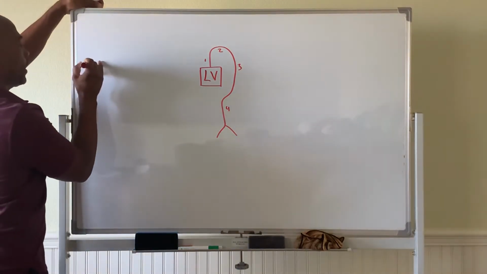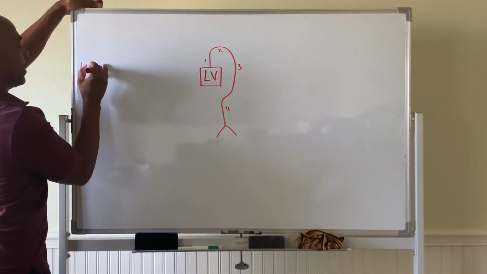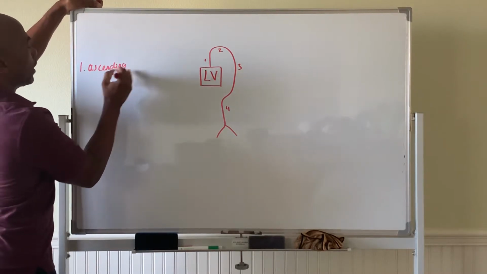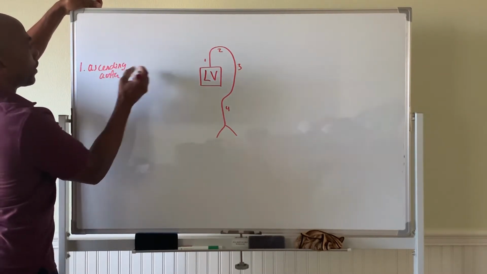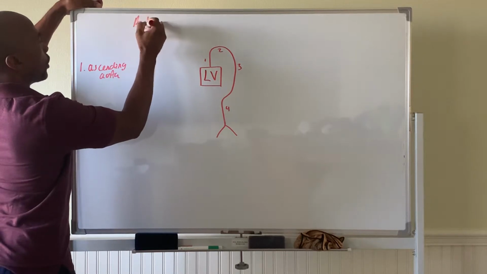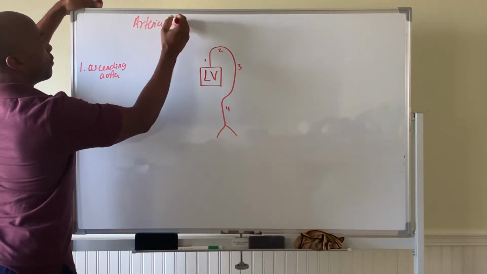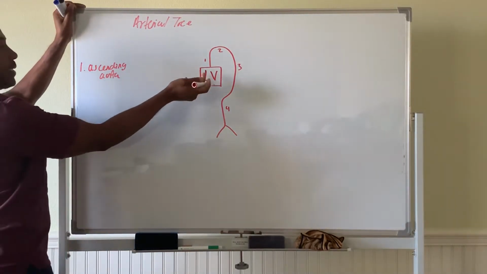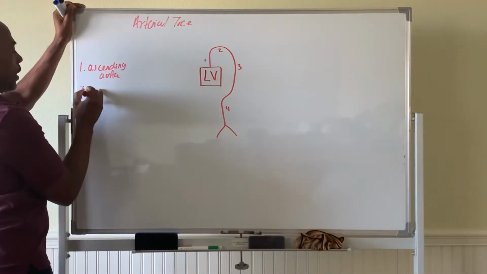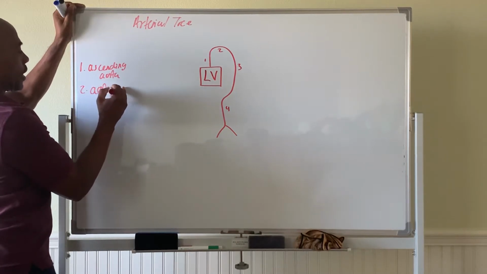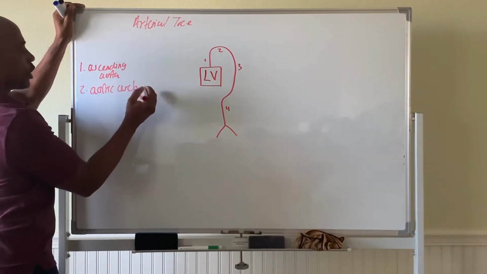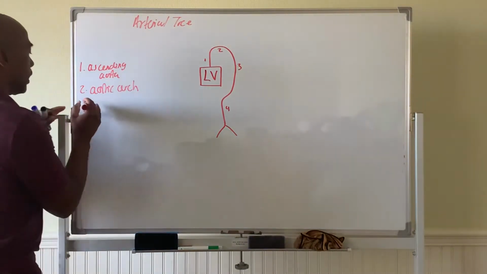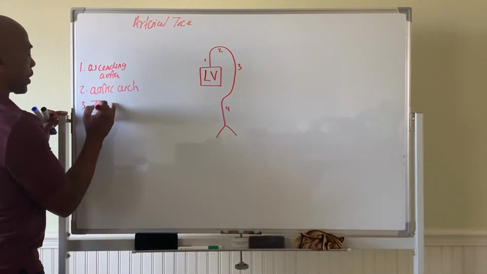So 1 here is the ascending aorta. All right, this is your arterial tree. So 1 is the ascending aorta. 2 is called the aortic arch. 3, which descends back here, is called the thoracic aorta.